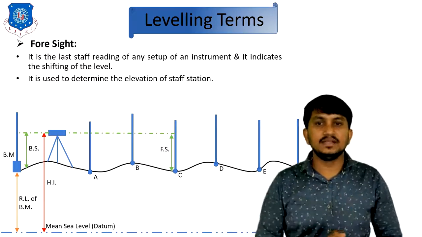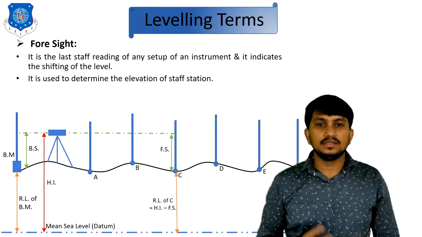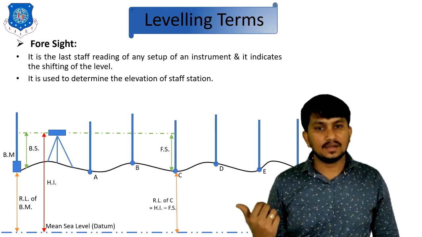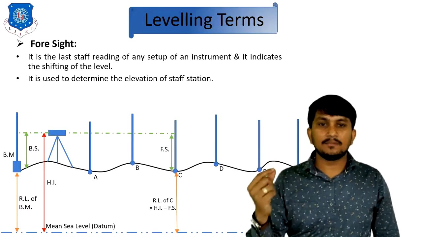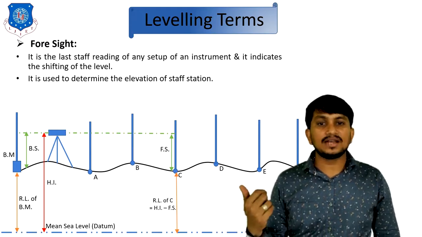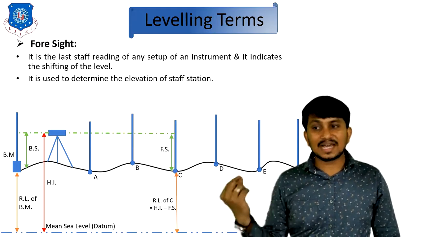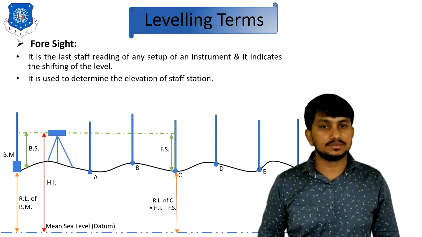It is used to determine the elevation of the staff station. This is the RL of C. It is calculated by HI minus FS. You can clearly see in this figure how the RL of C can be found. This RL of C can be used to find the next HI of the setup.